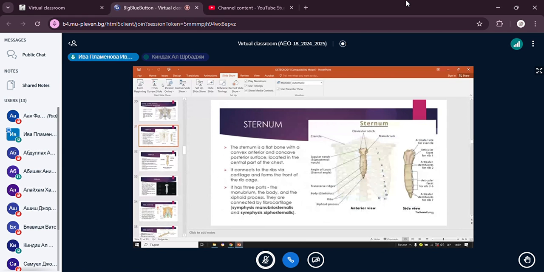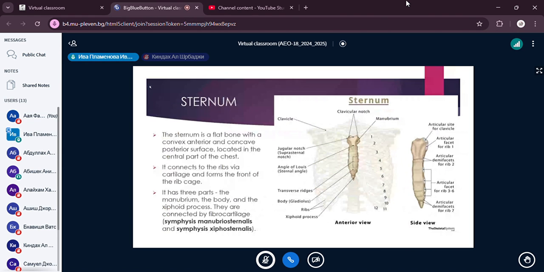Okay, the specific things. You have to remember the three parts of the sternum: manubrium or handle, body, and xiphoid process. Of course, the notches, which are the jugular notch, the two clavicular notches, and we have articular facets for the ribs. For the first rib on the manubrium. For the second rib, half part of the facet is on the manubrium, the other half part is on the body.